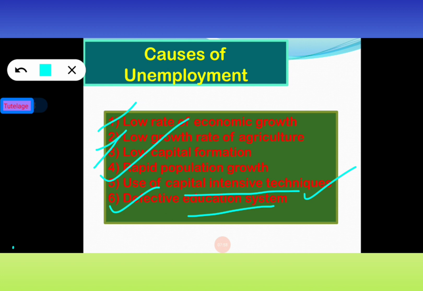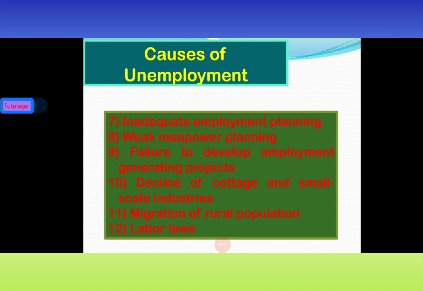So now going to the next point, but move on to the next slide also. So the next point, that is inadequate employment planning. Okay, so inadequate employment planning has been responsible for continued unemployment problem. Low priority has been given to employment objective in the plans, in the 5-year plans basically. Till recently, the employment objective was not quantified as a time bound program.